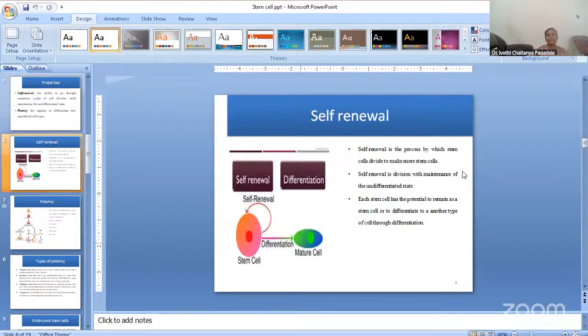Self-renewal is the process by which stem cells divide to make more stem cells. Self-renewal is division with maintenance of the undifferentiated state. Each stem cell has the potential to remain a stem cell or differentiate into another type of cell through differentiation.